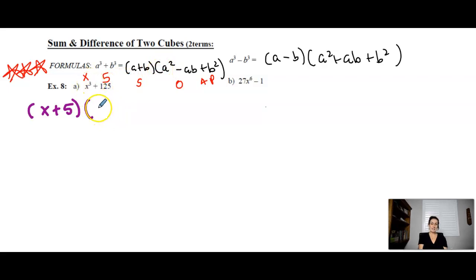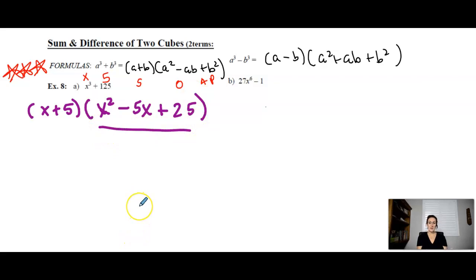So x times x is x squared. And then we have subtract ab. Here's the A, here's the B. So 5 times x is 5x. And then we have plus b squared. And the b is 5, so 5 times 5 is 25. Now, by the way, this part is always going to end up imaginary. So it will never factor in a sum or difference of cubes.